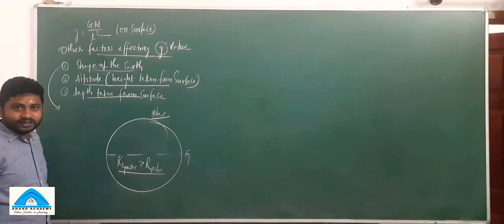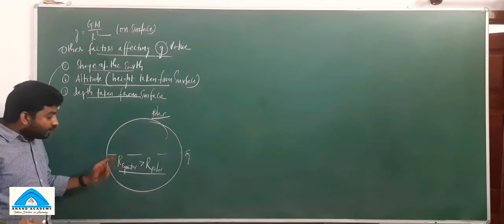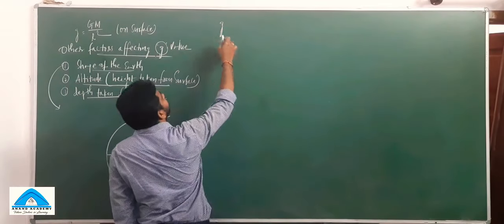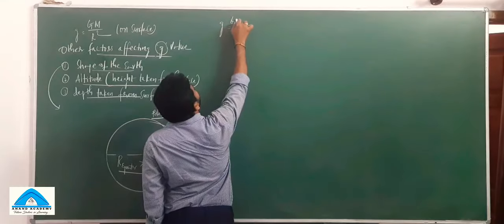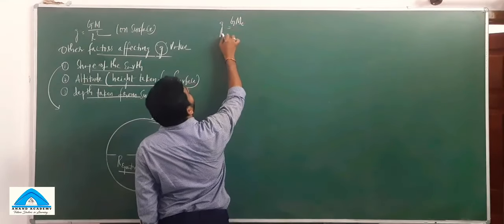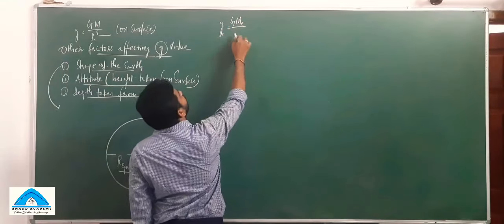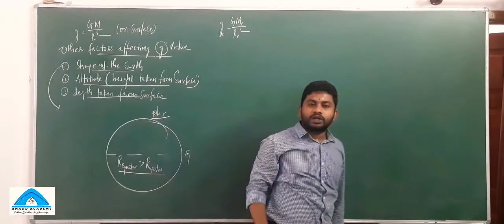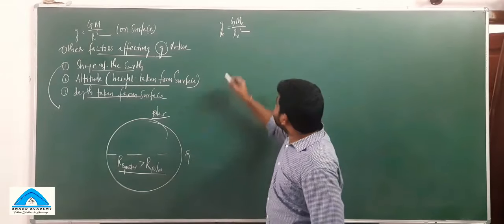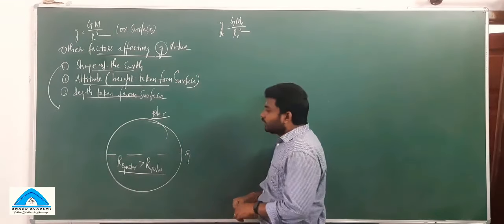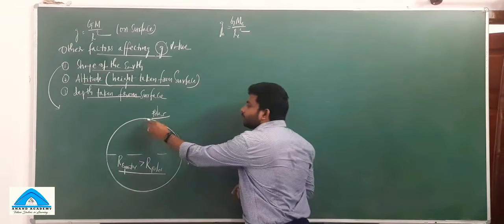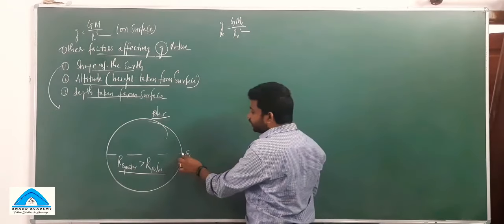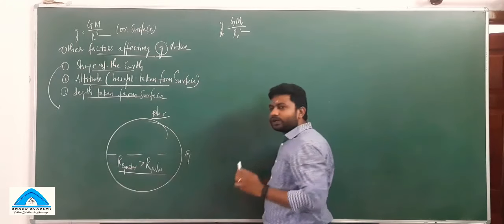Carefully see this equation here. Now from this equation we know the general equation: acceleration due to gravity is equal to capital G into mass of the earth divided by radius of the earth whole square. So look at the interesting point here. If you keep the body here or here or here, what happens?